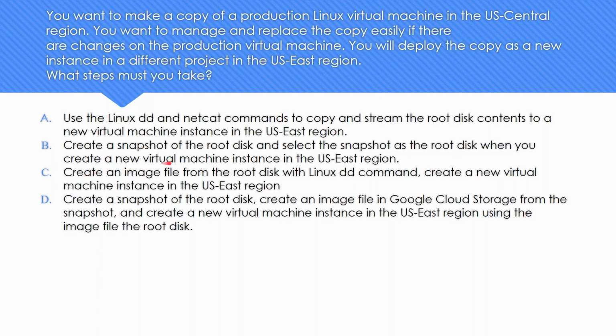Option C, create an image from the root disk with the DD command. With the DD command, create a new virtual machine in the US East region. Now this is where a little exposure on that command comes into the picture. I had done some search and understood that this is not going to work on a mounted disk. The command, Mangesh can help us here.